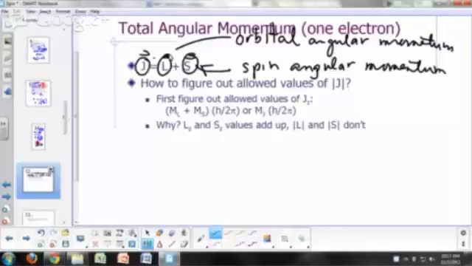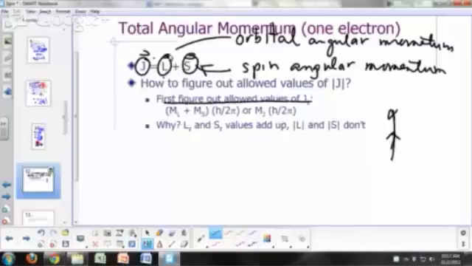How are we going to figure out what the allowed values of J are? The best way to do it is to keep in mind that the Z components will just add up. So figure out all the possible ways that you can add up the Z components of your orbital and spin angular momentum.